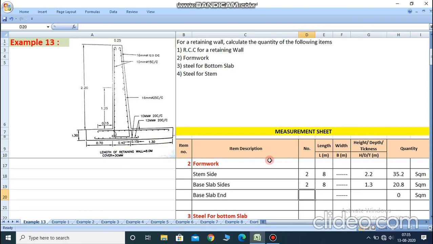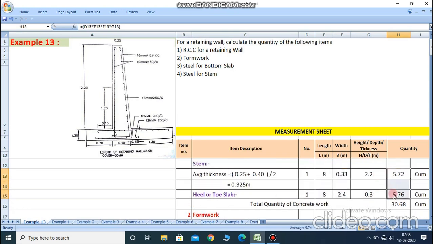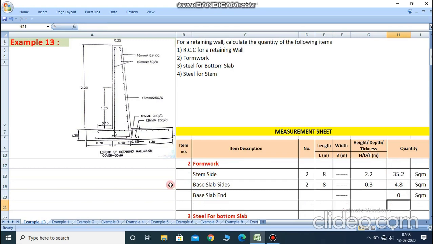Then here the height is given as 0.3. Now for the base end, it is not 1.3, it is only 0.3.